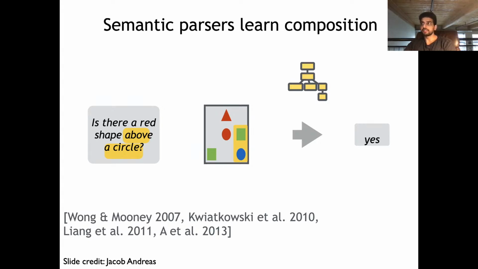One thing that we haven't talked about in this class, but is very cool and relevant for QA tasks, is semantic parsing, where I have a question like this, and I might want to convert it into some sort of logical form instead of just vectorizing it and then trying to make the network learn to perform all of these steps.